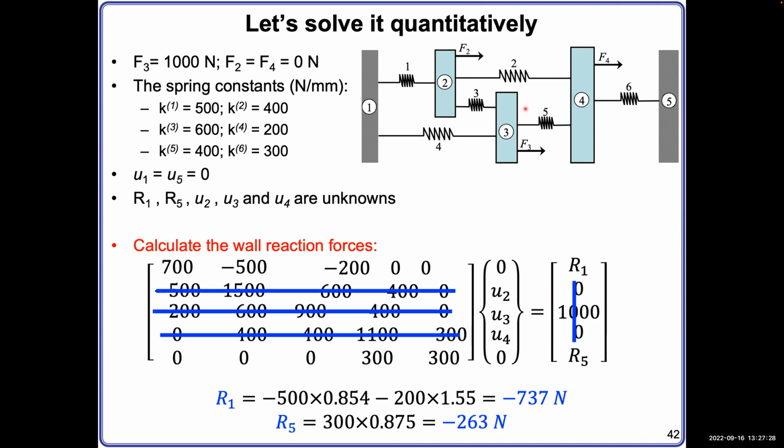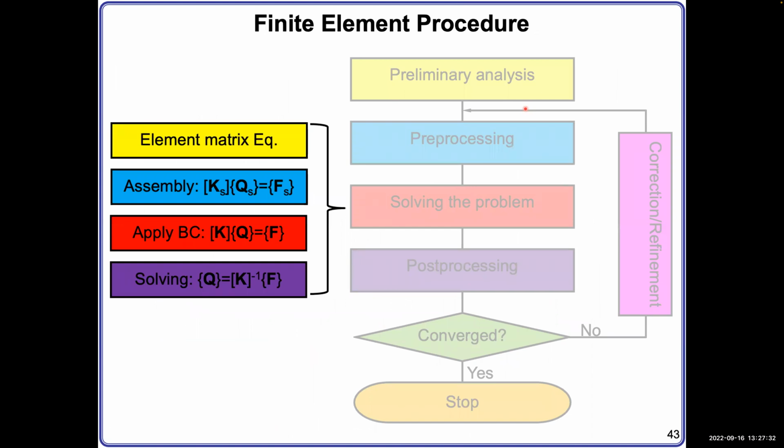So that's perfect. Now, overall, to solve this problem, as we discussed in the overall picture, if you want to solve a finite element problem, remember we talked about 4 steps for analyzing an engineering problem. First, analyze the problem, and then you have pre-processing, like making a model and finding the material properties.